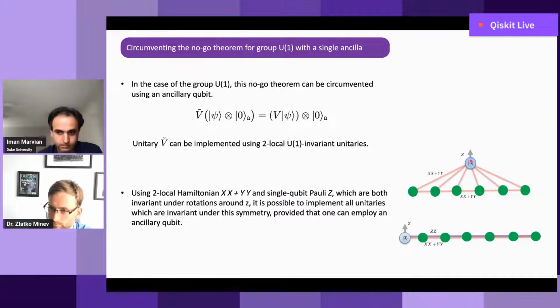For example, if you put your qubits on a chain with nearest neighbor XX plus YY interaction, provided that they can interact with this ancillary qubit, also with XX plus YY interaction, then you can realize any U1 invariant unitary transformation in this way. Or, if you allow ZZ interaction, then you can just have nearest neighbor interactions and you can put your ancillary qubit on one end of the chain.